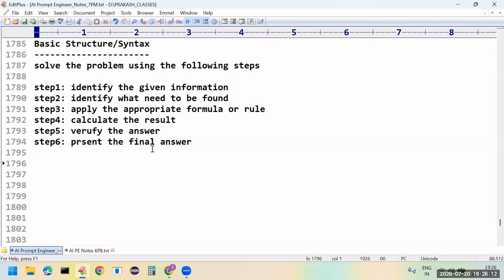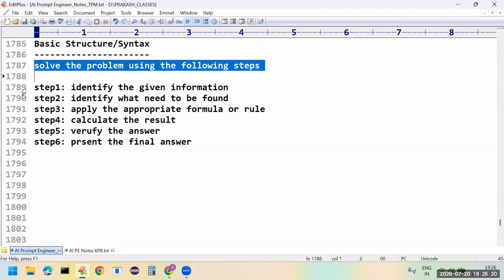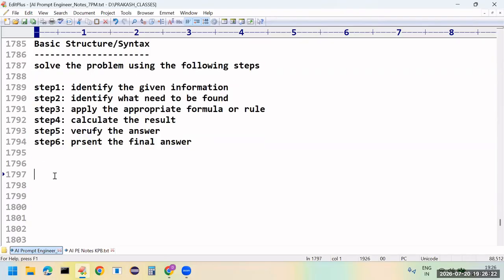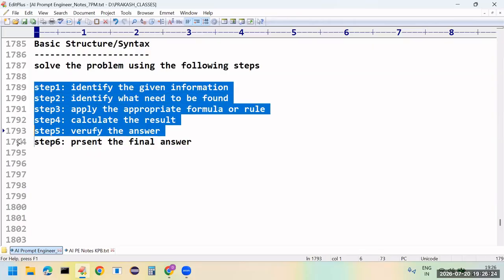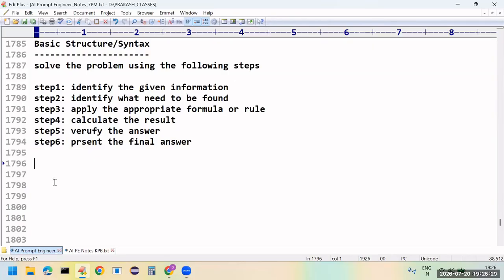This is six steps that you have to follow, though it is not exactly six. Just for the given problem, identify this and then provide the answer. We are giving the steps manually, hence it is called manual CoT. If you are clear with this, we will take some examples and analyze.